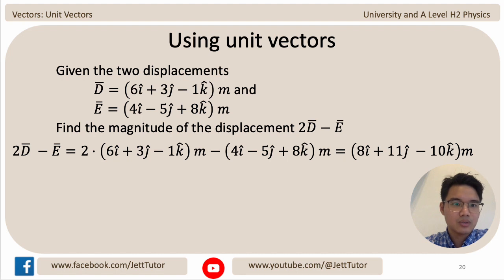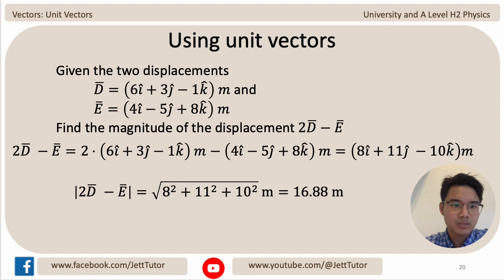For 2 multiplied by 6 minus 4 in the i hat direction, and 2 multiplied by 3 minus (minus 5) in the j direction, and then 2 multiplied by minus 1 minus 8 in the k direction. Then we get 8i plus 11j minus 10k meter, and the magnitude is the square root of 8 squared plus 11 squared plus 10 squared, equal to 16 meter.